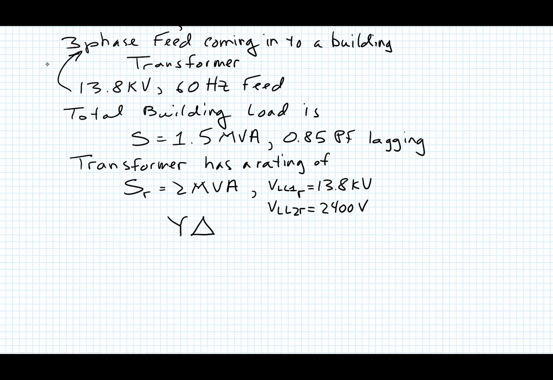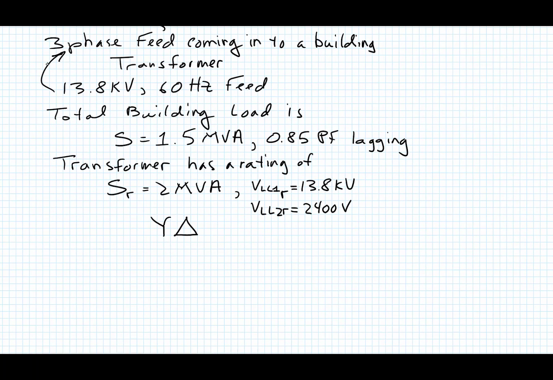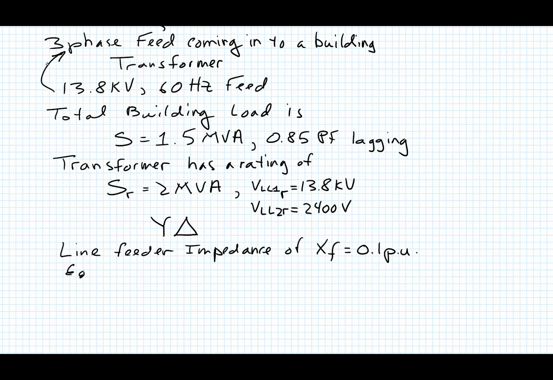And the last thing that we would need to know is that there is a line feeder impedance of XF equals 0.1 per unit, and the equivalent transformer impedance is 0.07 per unit.